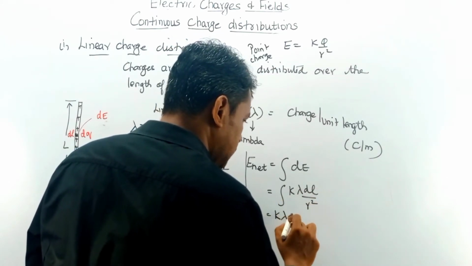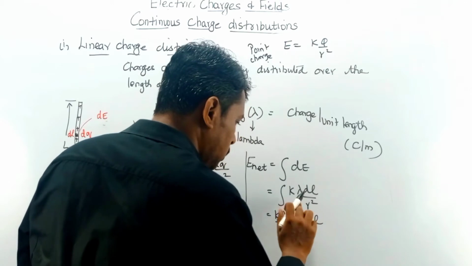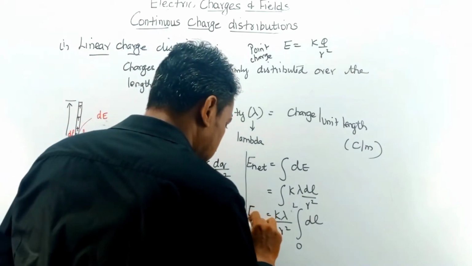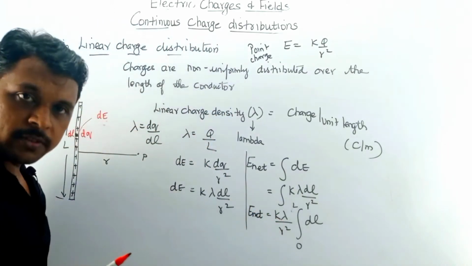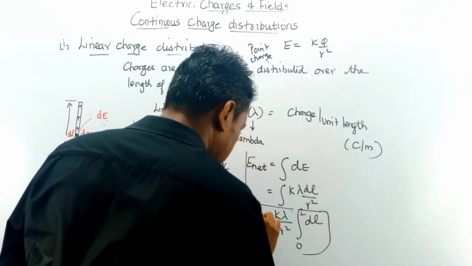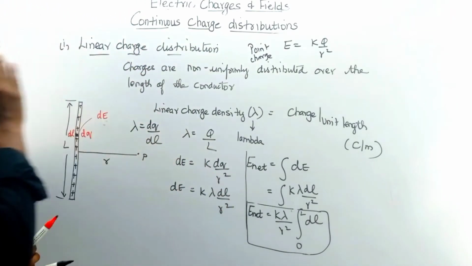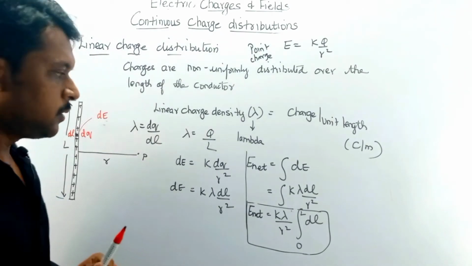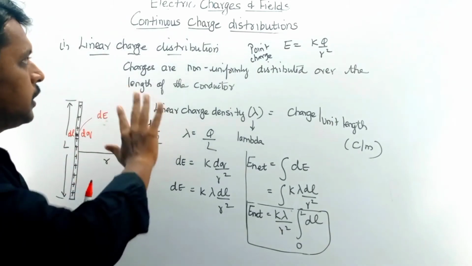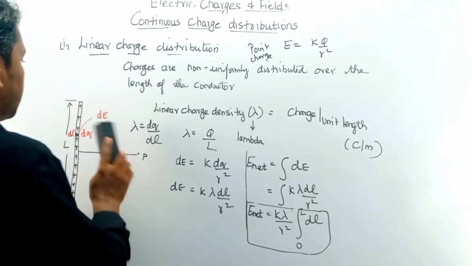You can take k lambda as constant and r square as constant, so I am going to integrate dL with limits 0 to L. This is the general way of representing the net electric field due to a line charge distribution or linear charge distribution. This is the way of finding the net electric field due to linear charge distribution, which is a continuous charge arrangement. Now we will see the next one, surface charge distribution.